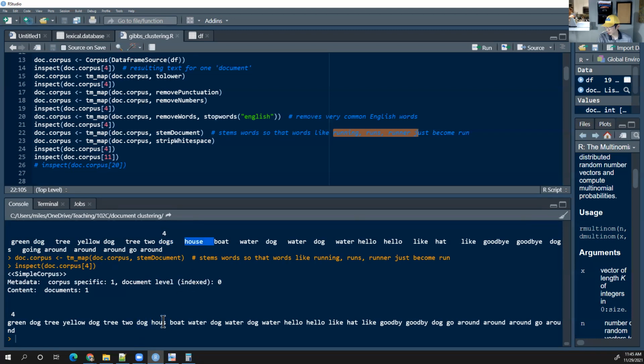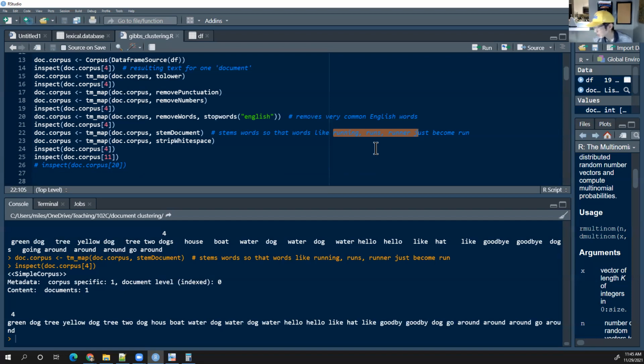And then house becomes H-O-U-S, because it allows for things like house, houses, housing, so the stem there is H-O-U-S, okay?